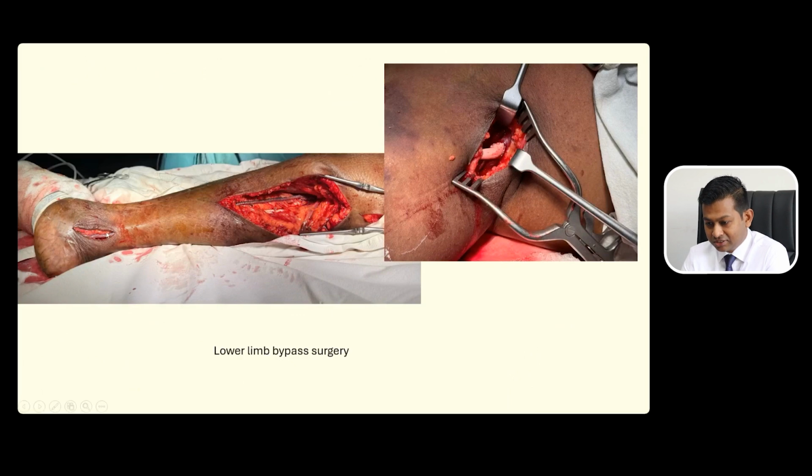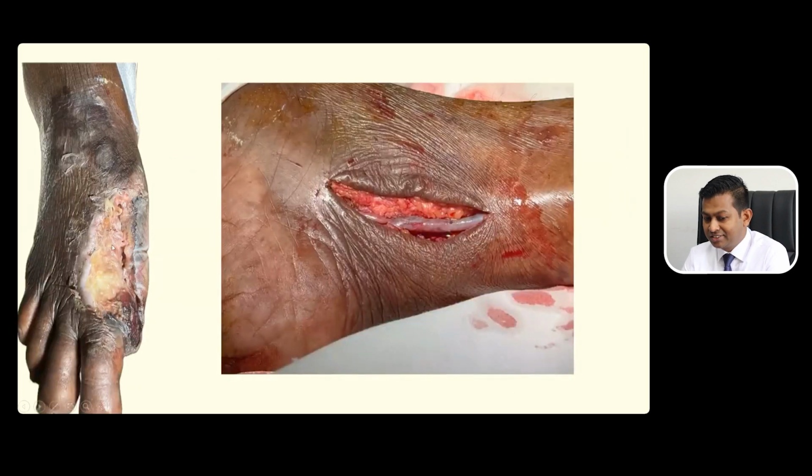And this is another one where we did a bypass with a graft. So we are ensuring that there's adequate blood supply to the area of the wound. When the patient comes like this, remember, we can do something. The patient needs to have some specialized care.